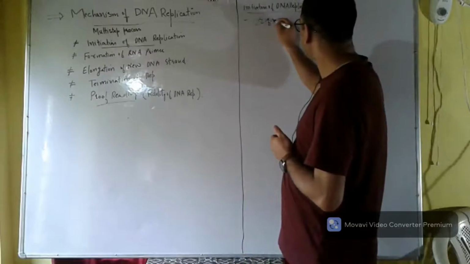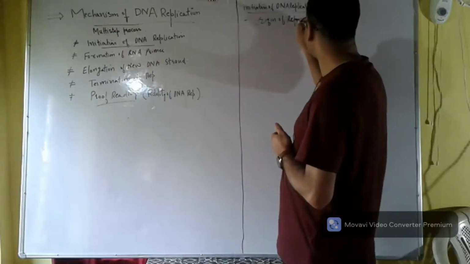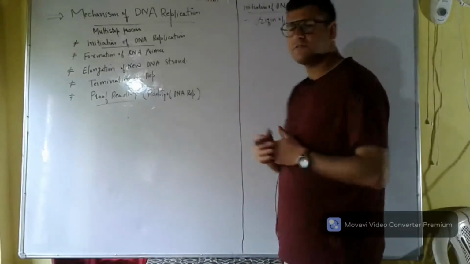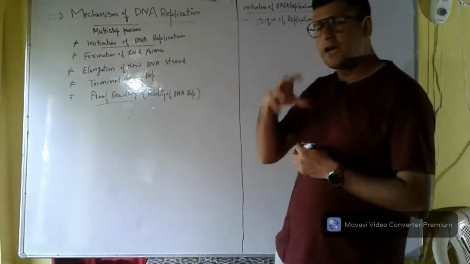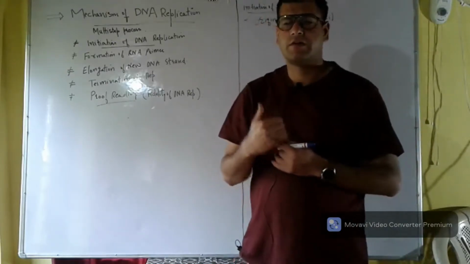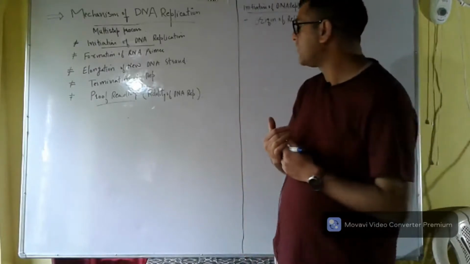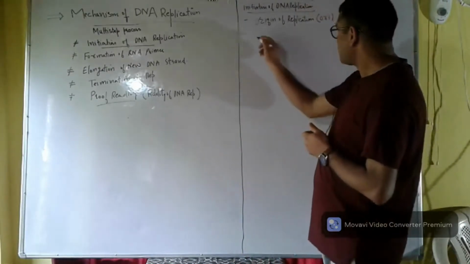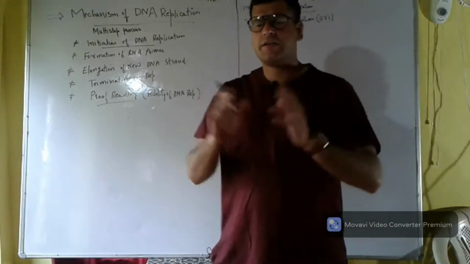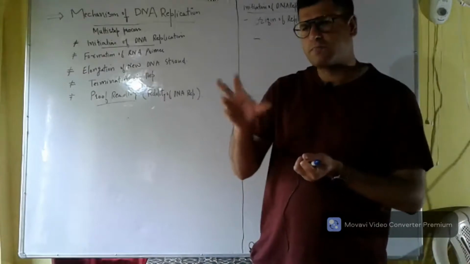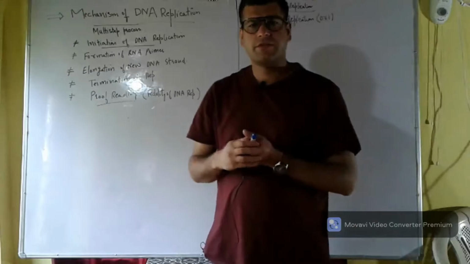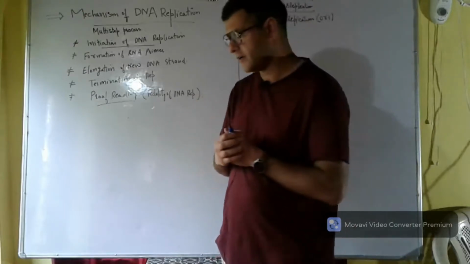These origins of replication, ORI, serve as a site which will initiate the process of DNA replication. This ORI site is a particular sequence, a particular region on a DNA molecule, which serves as a site for the initiation of DNA replication.